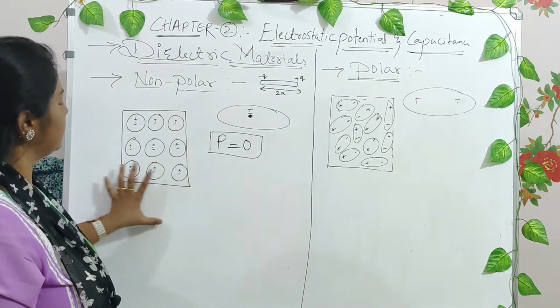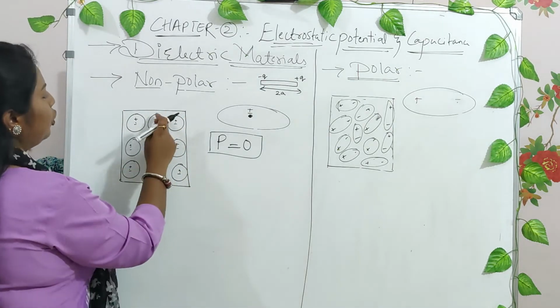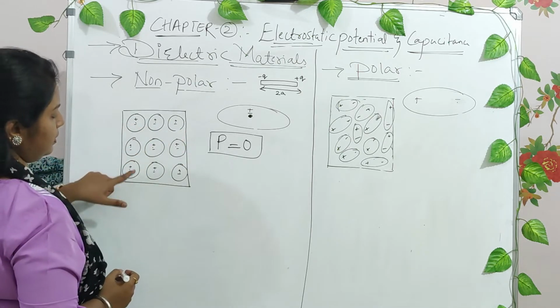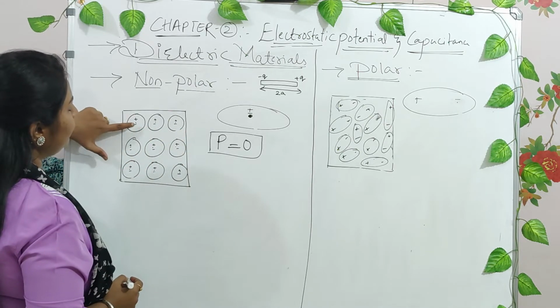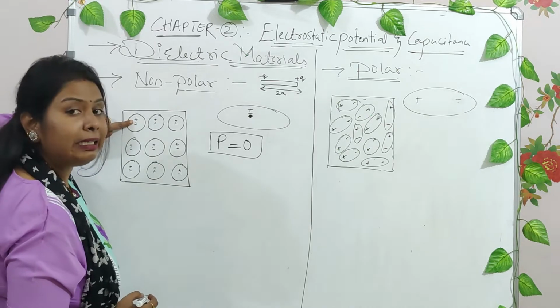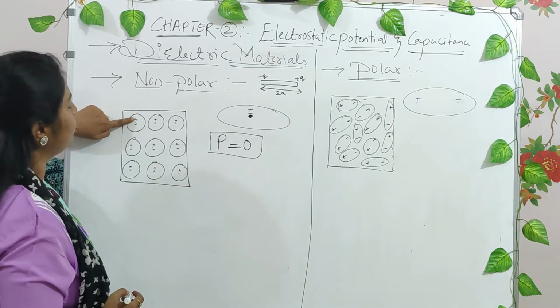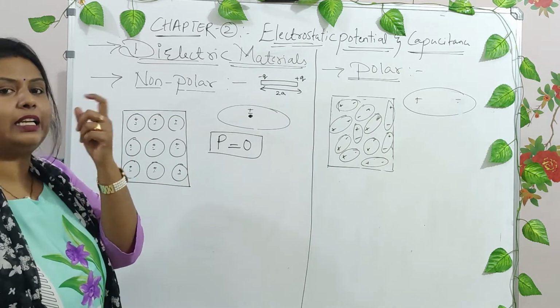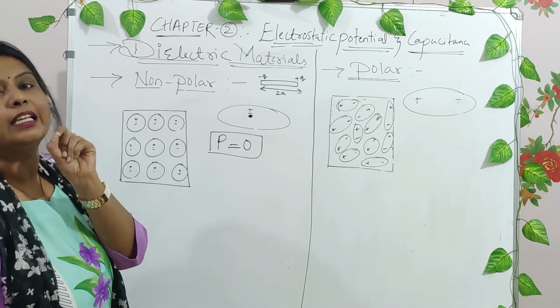If this is a substance which has molecules in it, it is very clearly understood from this that the positive and negative share a similar center. The center is one for both positive and negative, and it seems like they are coinciding with each other.